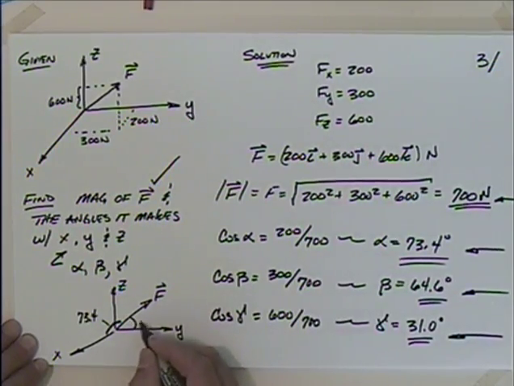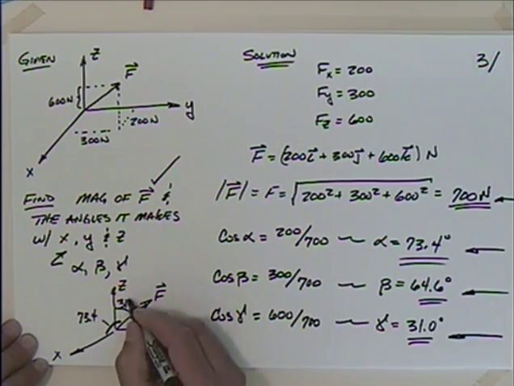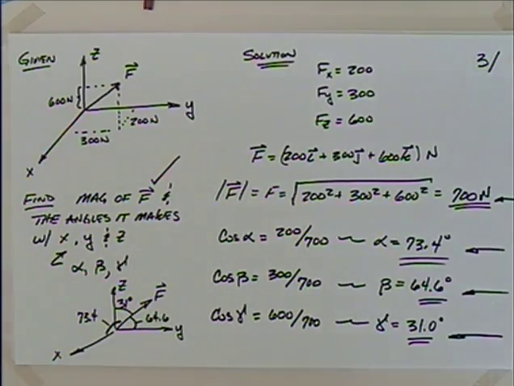Beta, that's this one here, 64.6. And gamma, there's gamma, 31 degrees. Okay, so that gives us some idea. We could locate that in three-dimensional space.